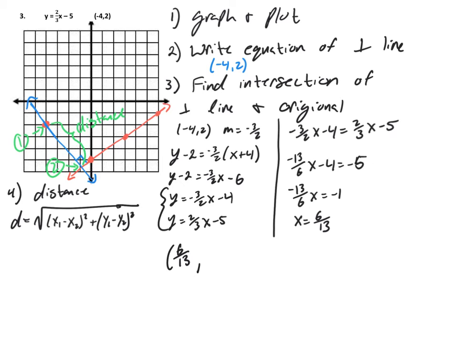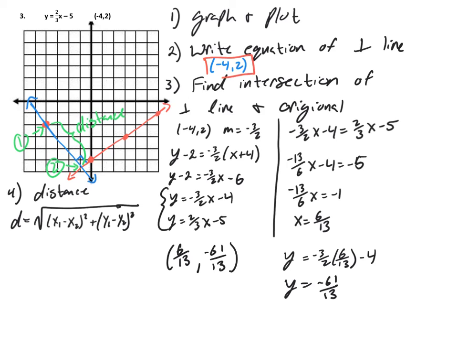Doesn't matter which equation we substitute it into. y equals -3/2 times 6/13 minus 4. And we're going to get -61/13. Okay, so it's fine. Again, just a nasty fraction, but don't worry about it. We have calculators.